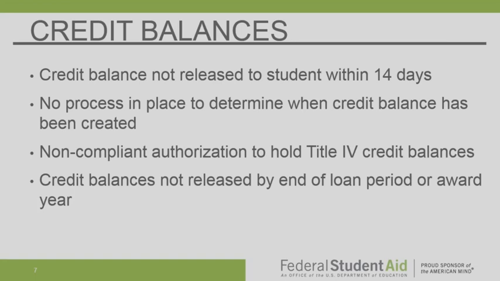Because they have to pay their credit balance, they cannot hold the money for 14 days. They've got to cut it. You can't leave it in their account. I think I've confused you. You have to cut the check. You can't leave the money in the student's account. You can't hold it at the end of the year. You've got to cut it loose, and you can't hold it at the end of the payment period. So these are some issues that we're finding that are consistently problematic. Any questions on that?